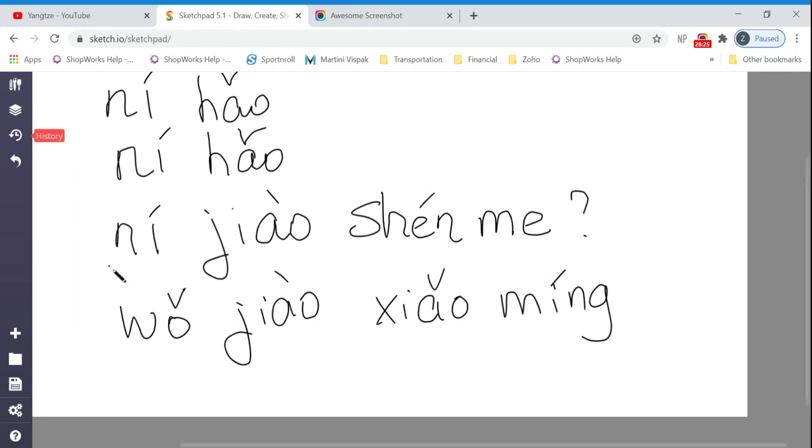So we start here with the subject, which is 你, and then the verb 叫, which means name. It's actually name as a verb. 你叫什么? 什么? Look, here you have a neutral tone, because it doesn't mean too much. It just follows along with the 什么.